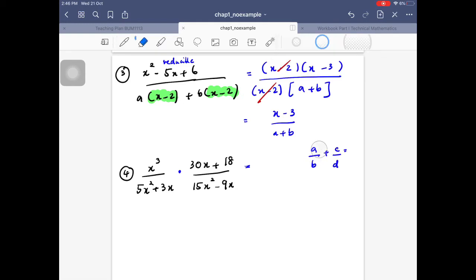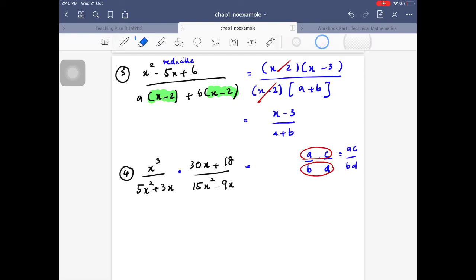I don't mean a plus, I mean a multiplication. So I have a over b multiplied by c over d. When we have a product of fractions, the numerator is multiplied by the numerator and the denominator by the denominator. So here I'm going to have AC over BD.